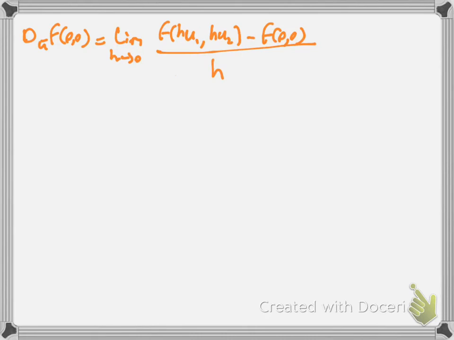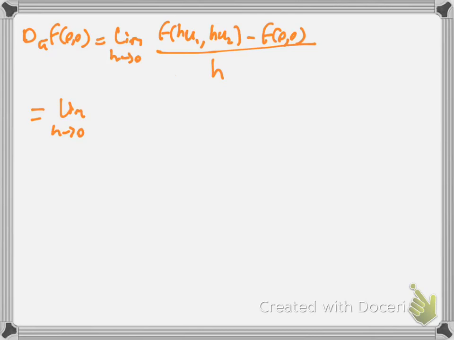Alright, now we can start plugging in things. Remember, h is non-zero, so hu1, hu2 is not the origin because u is a unit vector, therefore u1 and u2 are not both 0 at the same time. Therefore we can plug it into the formula of the exercise.